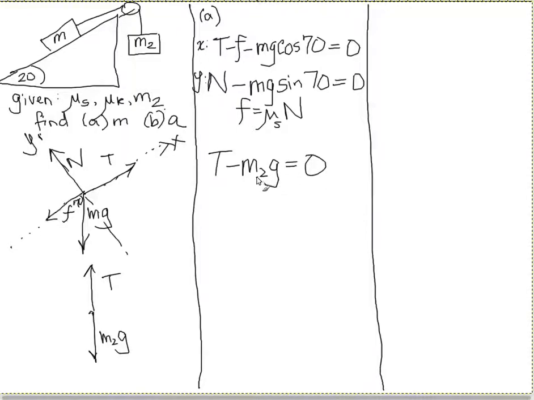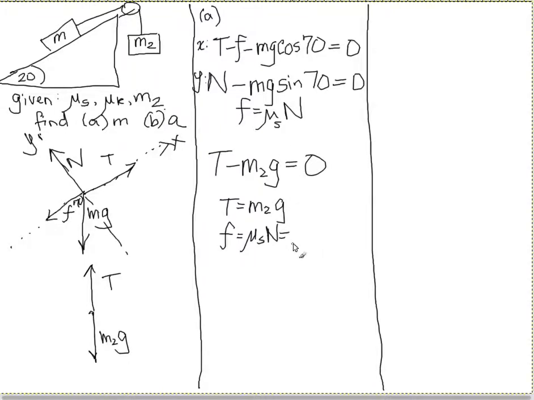So to find the m that's not m2, to find this m here, I need to kind of put all of those equations together. So from this equation, I'm going to put T equals m2g like this. I'm going to put that in there. From the friction equation, I'm going to use friction equals mu sub s times the normal force. But from this equation, I can see that the normal force is equal to mg sine 70.